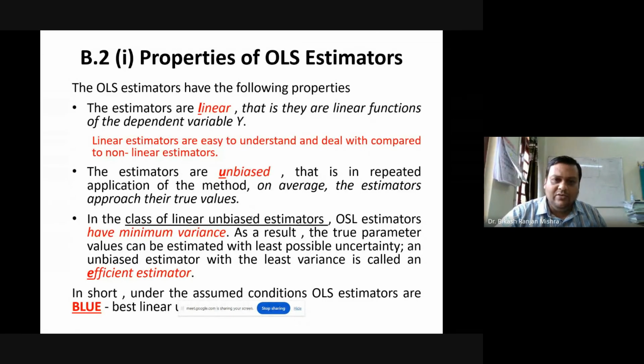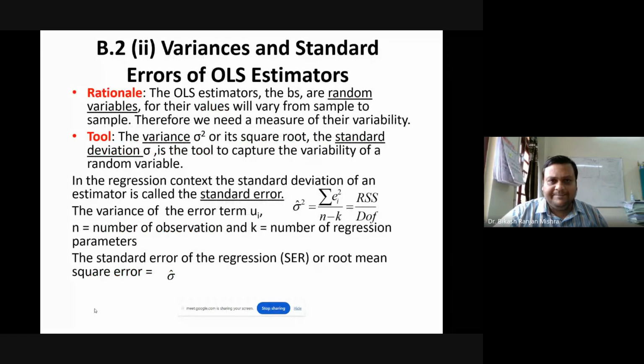That is why, when you club together linearity, unbiasedness and least variance, they give rise to the best linear unbiased estimator, which is the BLUE property. That is the beauty of the OLS estimator, and also a challenging part, because BLUE may not always hold in real situations. If not, what the problem or outcome may be will be discussed subsequently.